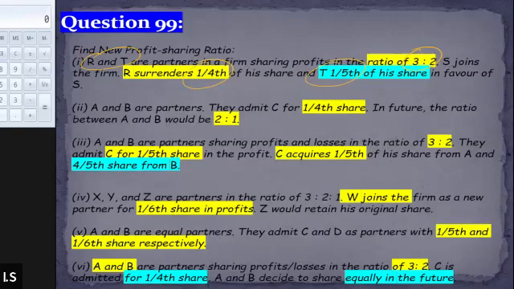You can also tell me your answer in the chat section. Sir, 3/20 and 2/25, like that. Okay. 3/20 and 2/25 is not the new profit sharing ratio. This is the sacrificing ratio of partners R and T.